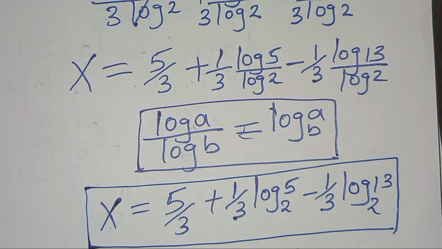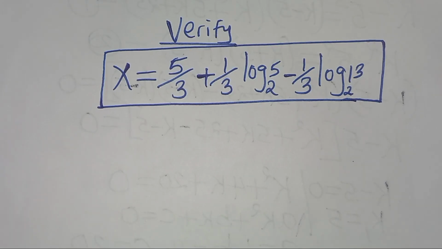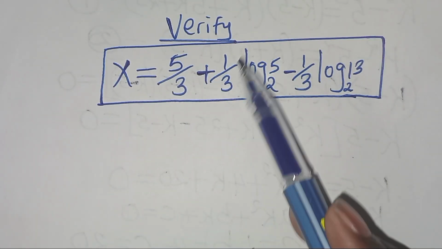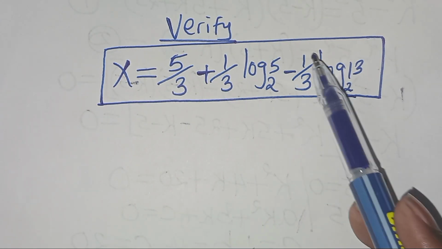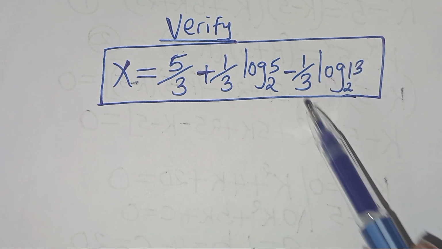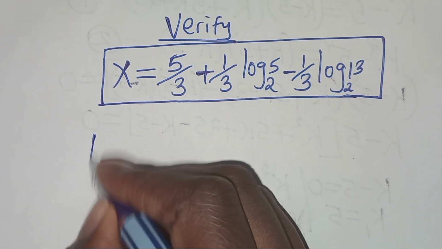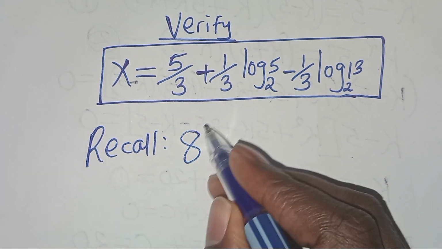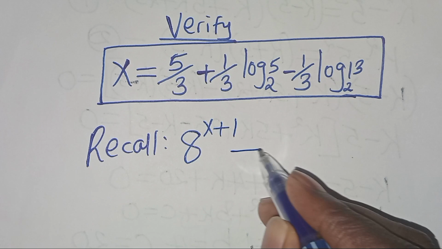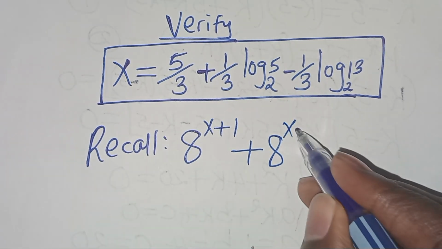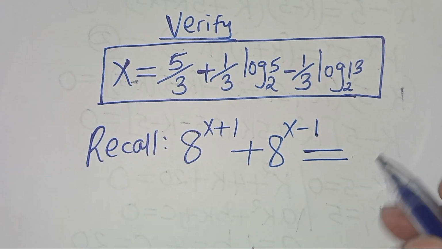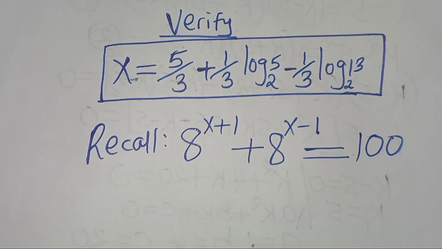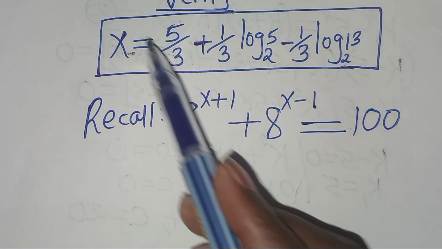So let's verify that this value of x actually satisfies the equation. Now let's verify that the value of x, which is 5 over 3 plus 1 over 3 log 5 to base 2, subtract 1 over 3 log 13 to base 2, actually satisfies the equation. If you recall, we had 8 to the power x plus 1 plus 8 to the power x subtract 1. This should give us a value of 100. The next step, let's substitute the value of x.